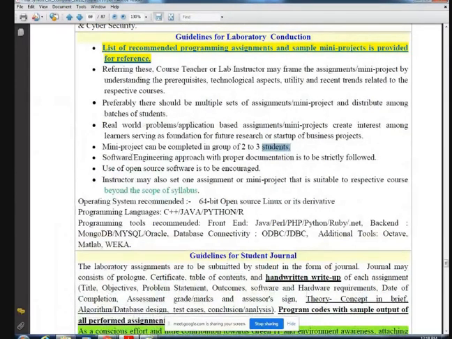And you need to apply the software engineering approach to this mini project. The first step is that you tell me in the LP3 lab which mini project you are going to do and what your group name is. Afterwards, we'll talk about what software engineering approach is to be applied to it.